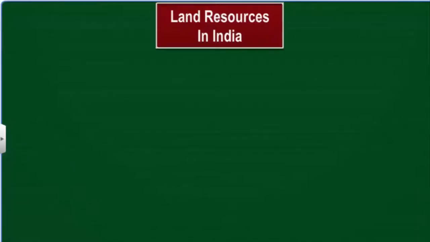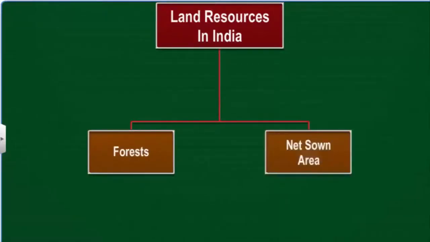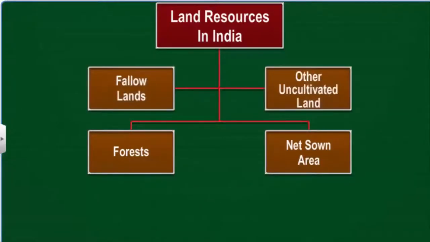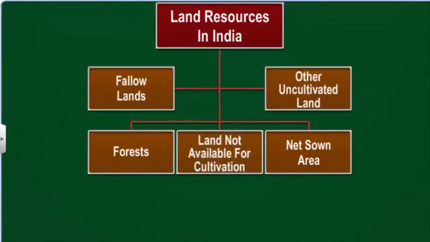Depending on their use, our land resources can be classified as forests, net sown area or total area under cultivation, fallow lands, other uncultivated land, and land not available for cultivation.